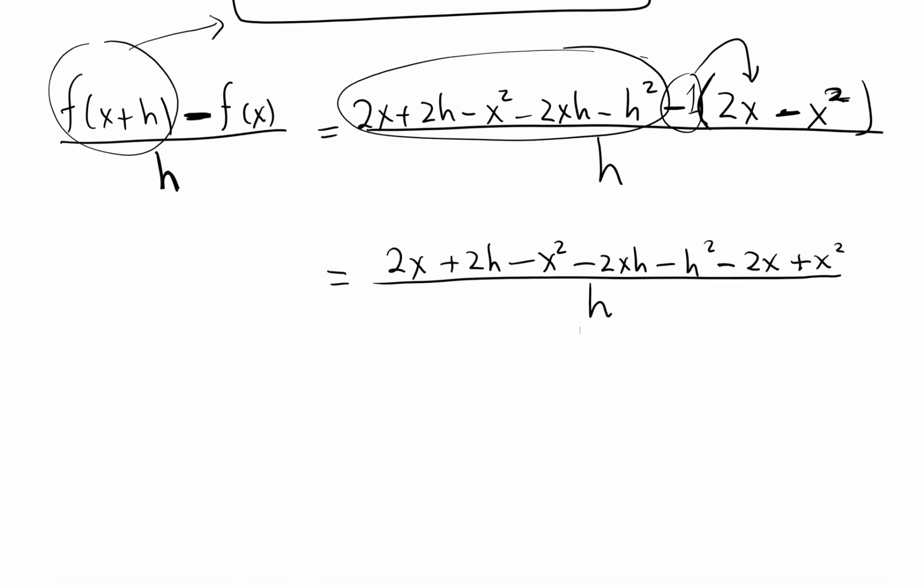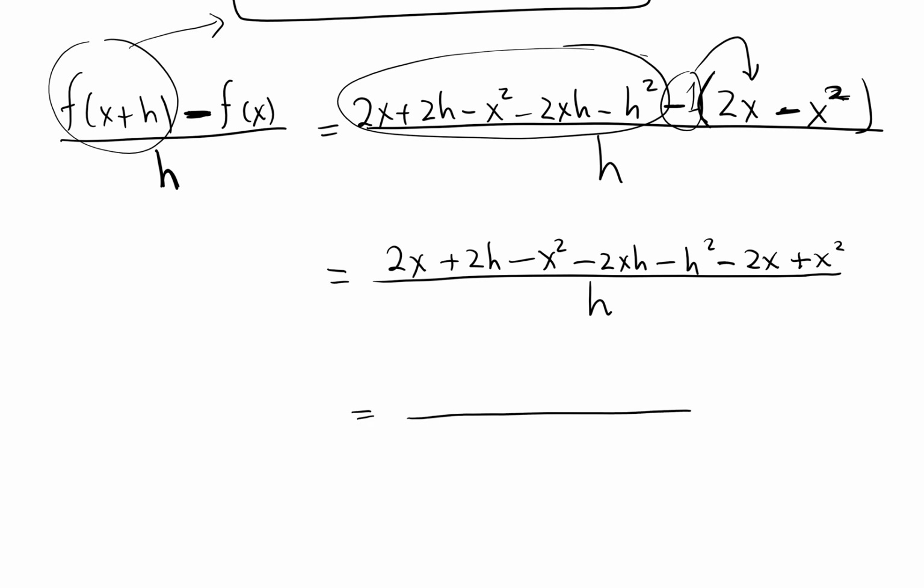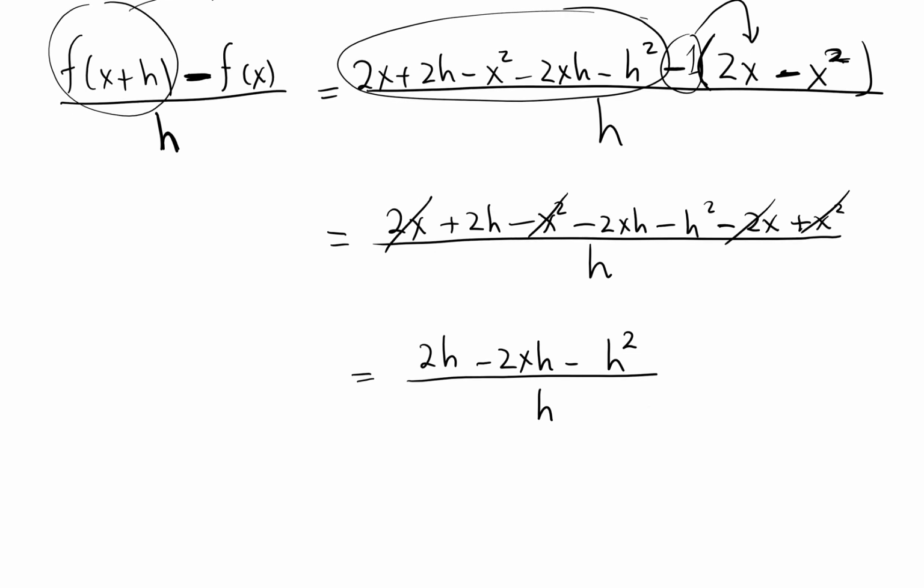So on the top, what do we have? These cancel each other. Negative 2x cancel. On the top, we're left with 2h minus 2xh minus h squared over h. Then you take an h out, 2 minus 2x minus h all over h. These cancel.